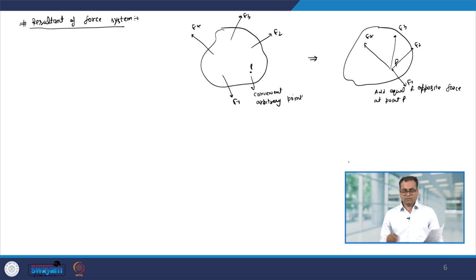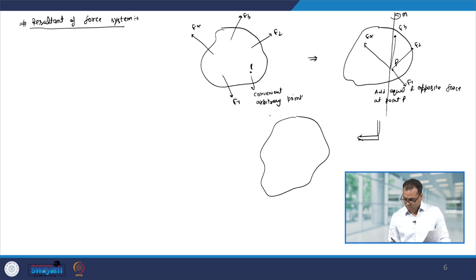And we also have the couple, because equal and opposite forces make couple. So, at this point we also have couple M, and then at P we can find out the resultant force. So, let us say the resultant force is R, this is nothing but F1 plus F2 plus F3 plus F4 in this case, and we have the moment M.